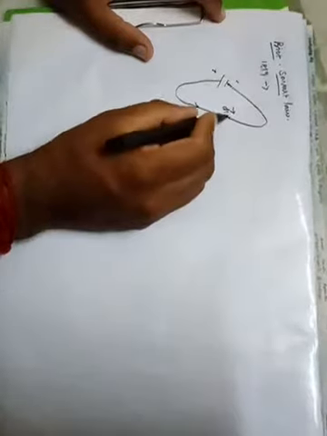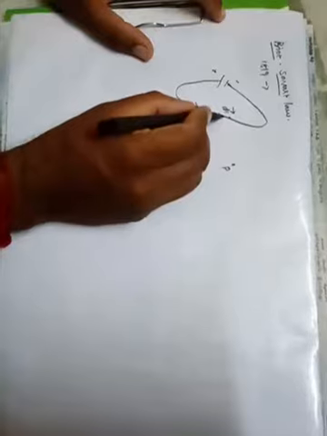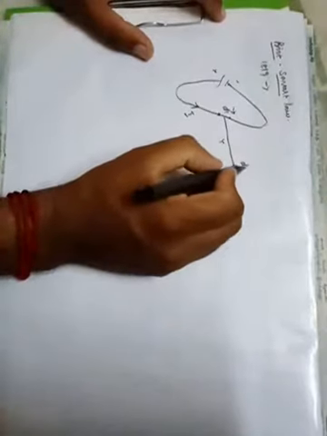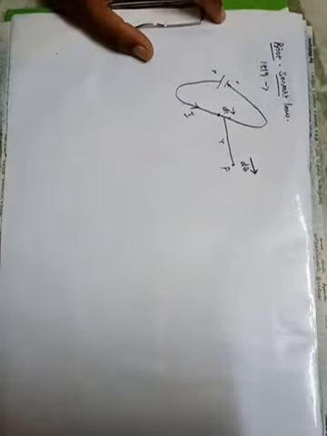For the small element dl, at a point P with distance r, the magnetic induction due to the current carrying conductor is calculated using this Biot-Savart law.